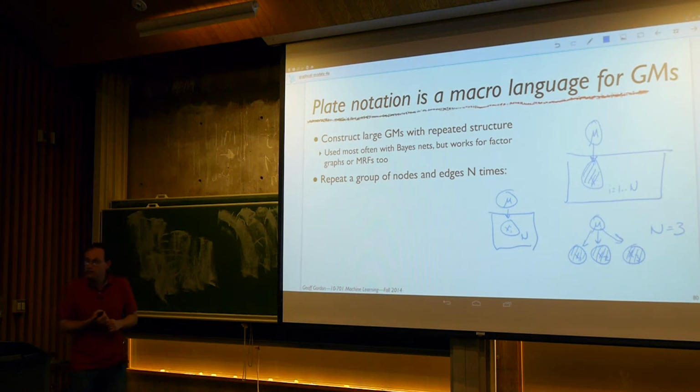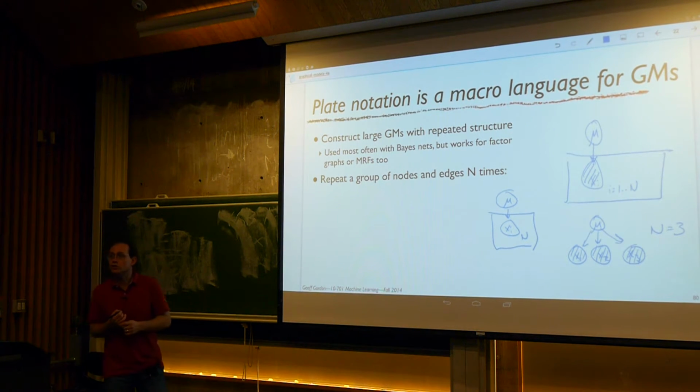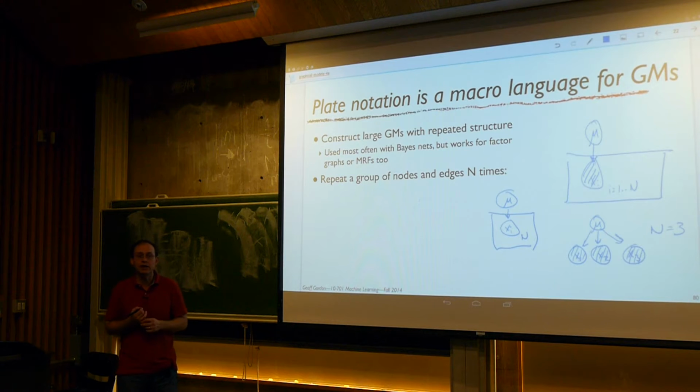The other thing is that the plate notation describes the structure only. It doesn't describe anything about the parameters of the model, unless you make the parameters explicit nodes. You could say that mu is a parameter, but it's being represented as a random variable here. So you can represent parameters by giving them nodes, or you can leave the parameters implicit.